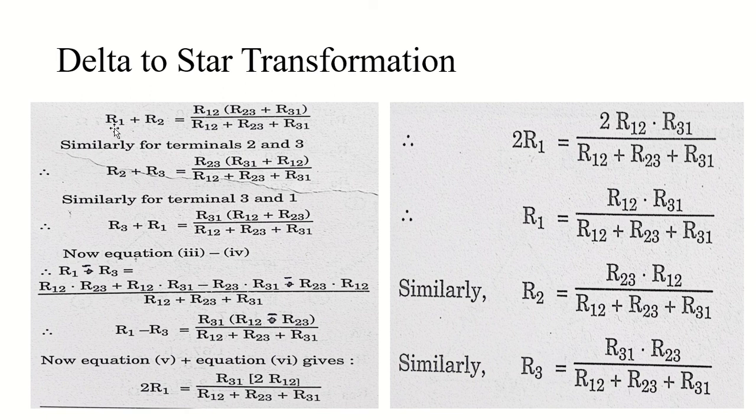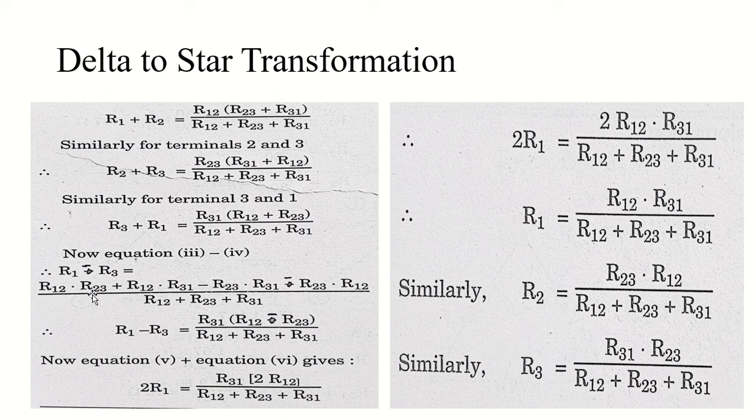When we subtract R1 plus R2 minus R2 plus R3, R2 will get cancelled, and we will be left with R1 minus R3. Here you can see R1 minus R3 will be equal to a multiplication. If we multiply R12 inside, we will get R12 R23 plus R12 R31, right?